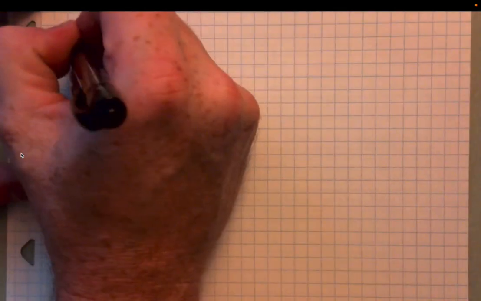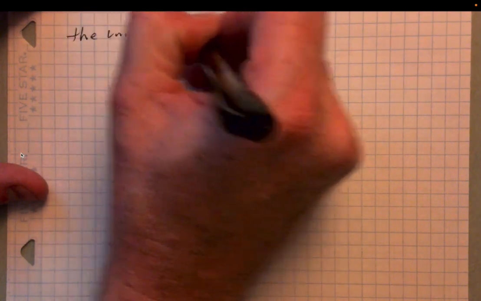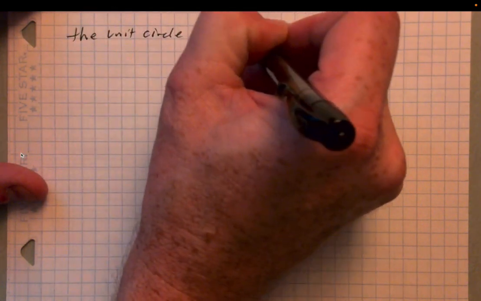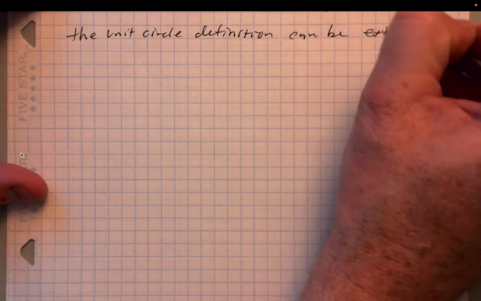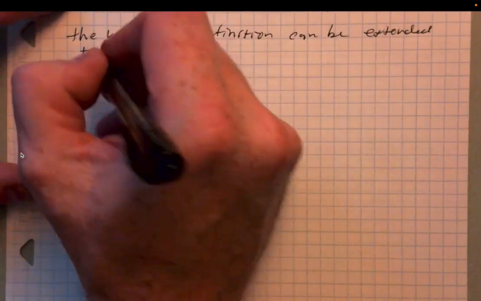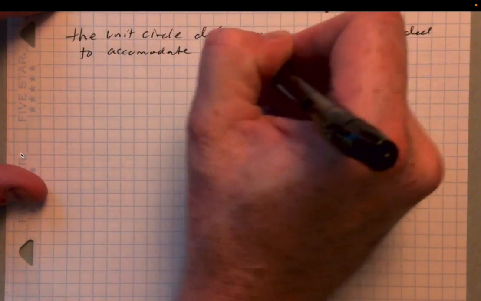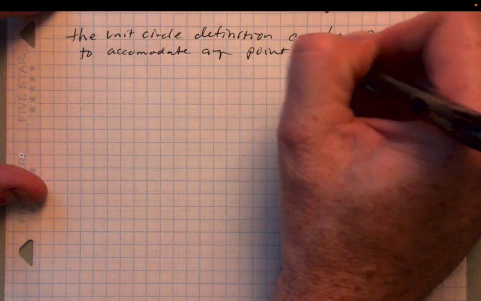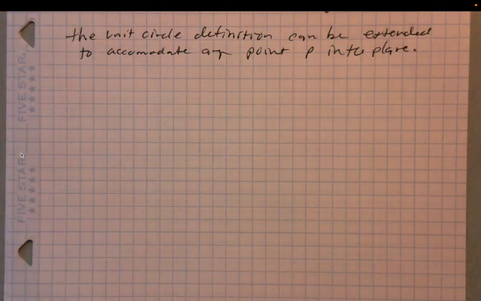Okay, so the unit circle definition can be extended to accommodate any point P in the plane, not just a point on the unit circle, but any point in the plane, period.